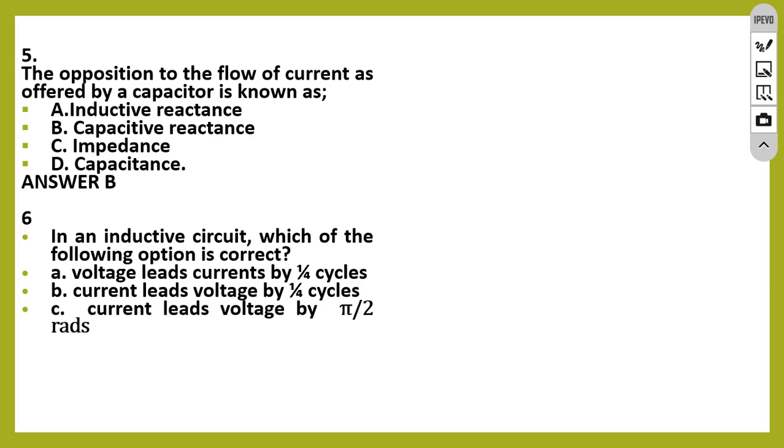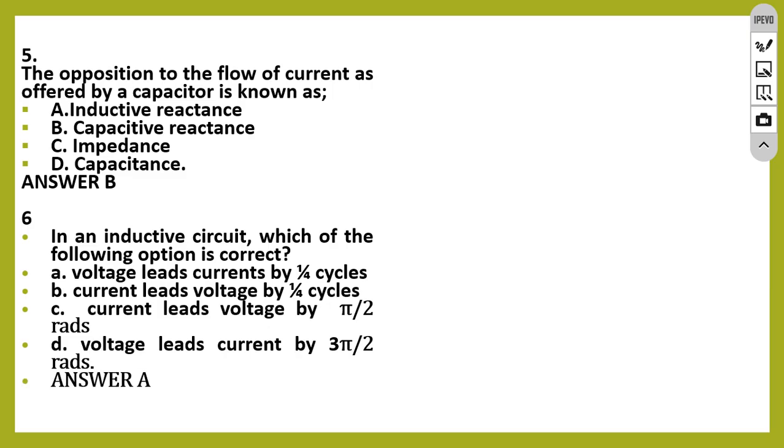C. Current leads voltage by pi/2 radians. D. Voltage leads current by 3 pi/2 radians. Which option is correct? Option A, that says voltage leads current by 1/4 cycles.